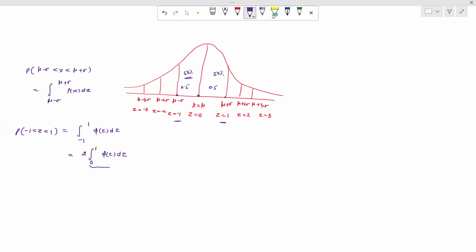So that means we can take the value of z equal to 1. So we can take the help of the table, which gives the value 0.3413 approximately. So that's why we write 0.6826. Similarly, we can calculate for 2 sigma or 3 sigma.